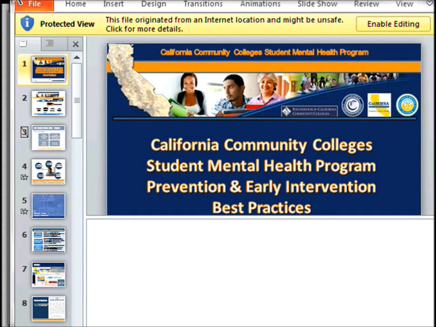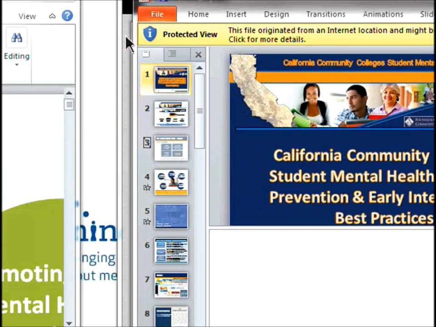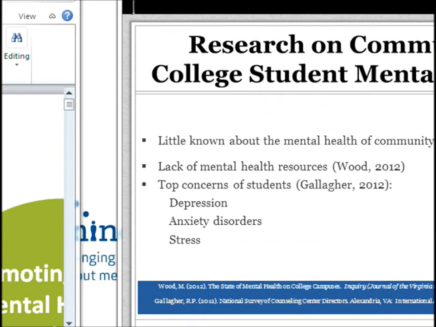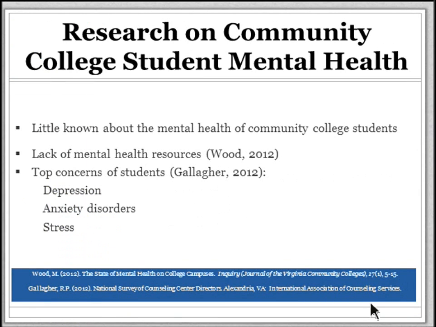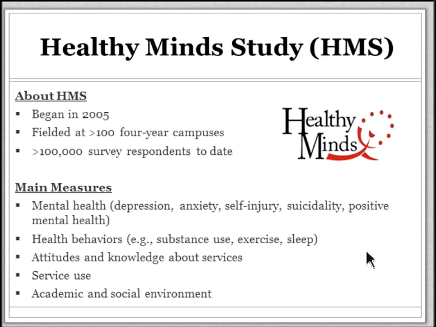We know from the National Survey of Counseling Center Directors that the top concerns that community college students are reporting include depression, anxiety, and stress. These are very similar, of course, to the mental health concerns that we see on four-year campuses as well. But there's a lack of more nuanced data related to community college student mental health.